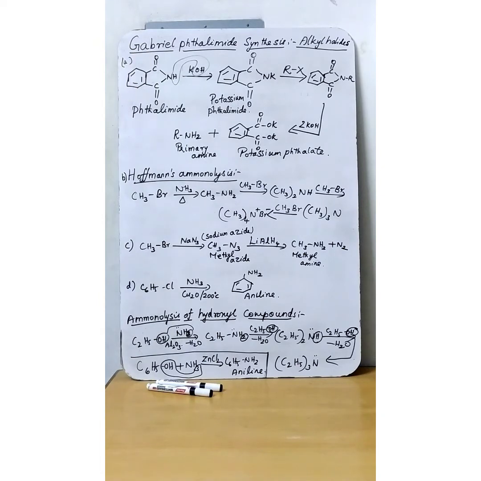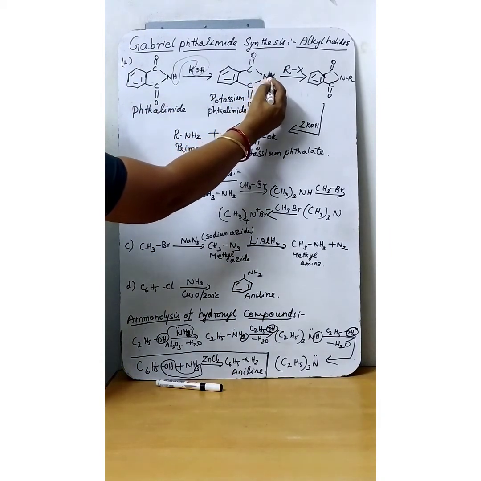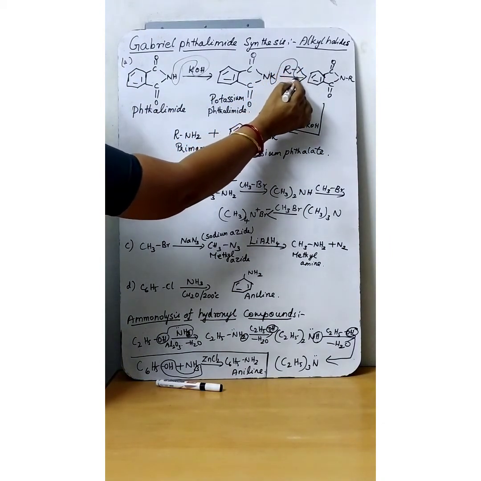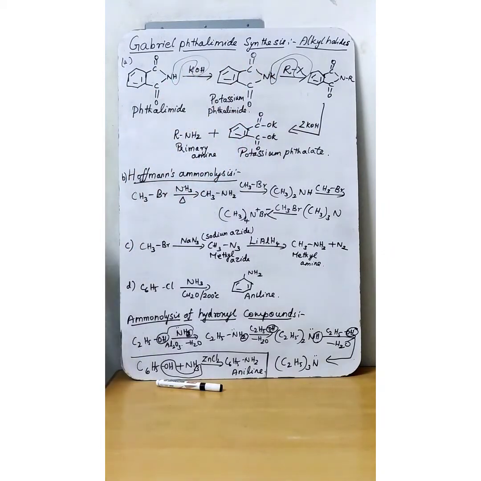This potassium phthalimide reacts with alkyl halide. What is the formula for alkyl halide? R-X. Now what will happen with this alkyl halide? Potassium phthalimide reacts and this K and this X will be removed as KX, potassium halide.